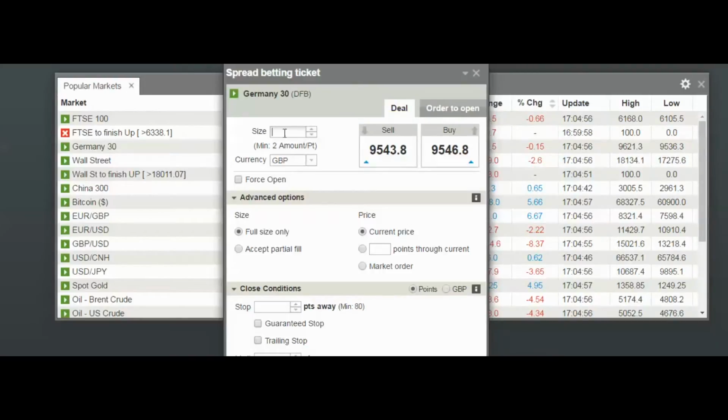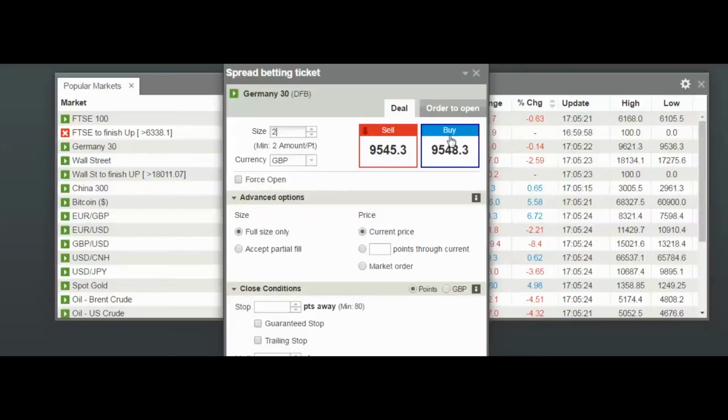In this case, if you were opening this up with £2 per point and you decided to buy the DAX at 9,546, if it moves 200 points in your favour, to 9,746, then you would make 200 points times the £2 per point, so £400.